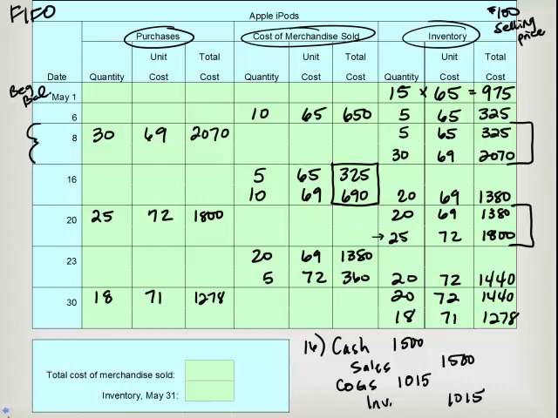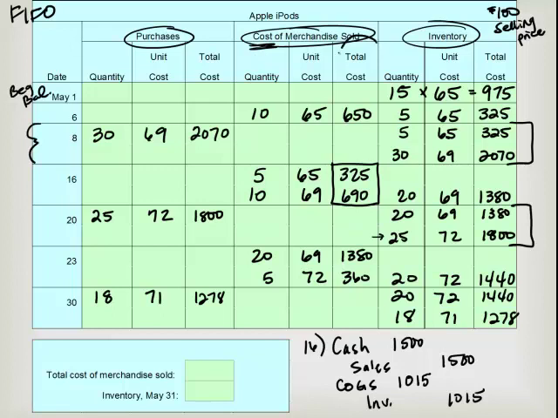Notice that nowhere on this grid is our selling price. This is only cost. This is only our cost schedule or our inventory schedule. It doesn't have anything to do with the selling price. At the bottom, you're asked total cost of merchandise sold, or cost of goods sold.